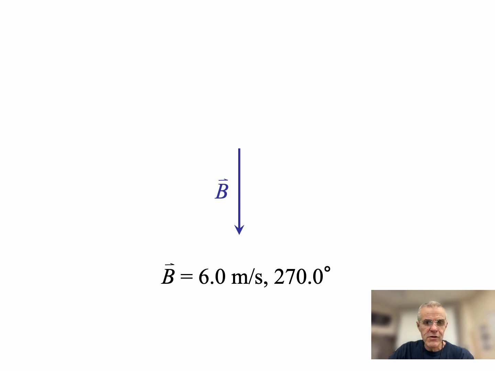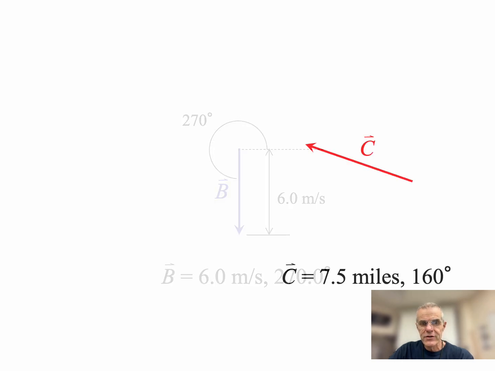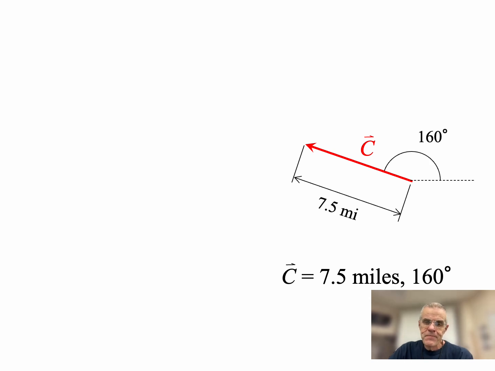Try it right now. Here it is. Here's another vector, vector C. 7.5 miles, 160 degrees. 160 is almost 180, so almost opposite of pointing to the right would be pointing to the left, except not quite left. It didn't make it quite that far, going counterclockwise. I'm just trying to show you some examples of what these angles look like.